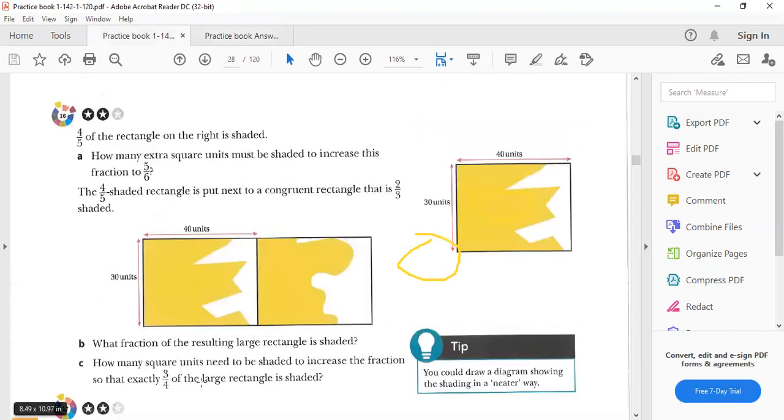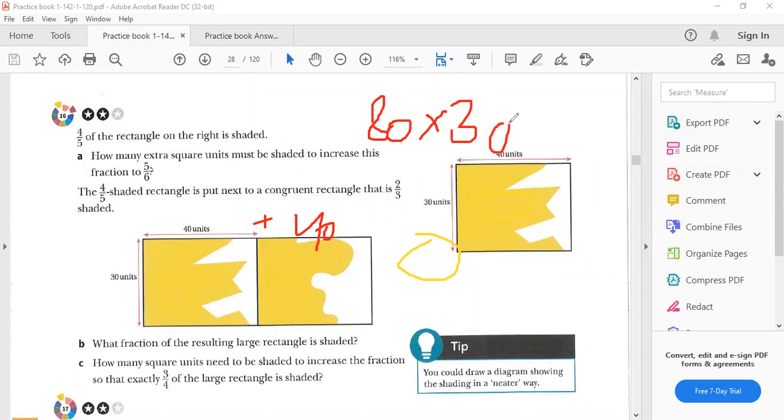Third one: how many square units are needed to be shaded to increase the fraction to exactly 3 by 4 of the large rectangle? The whole is 40 here and 40 here, so that is equal to 80. So 80 multiplied by 30 is equal to 2400.